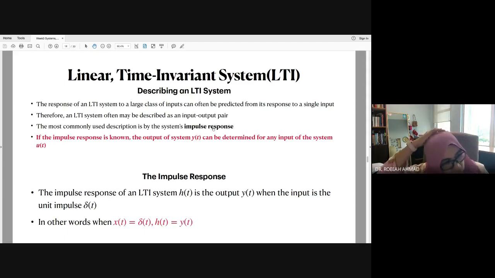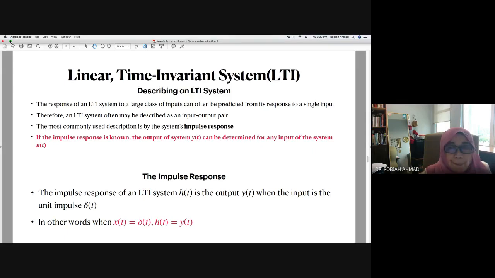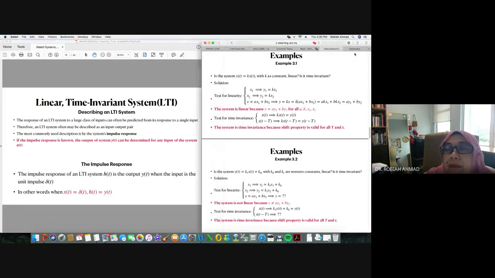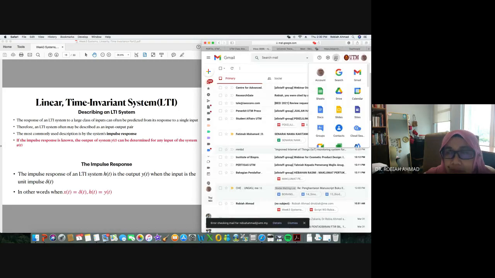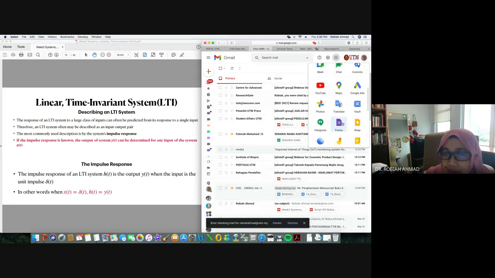Okay, so before going further with whatever the output that we put, kita tengok dulu kepada impulse response. Impulse masih ingat lagi tak kelas? What is the impulse? What does impulse mean? Ingat lagi impulse?